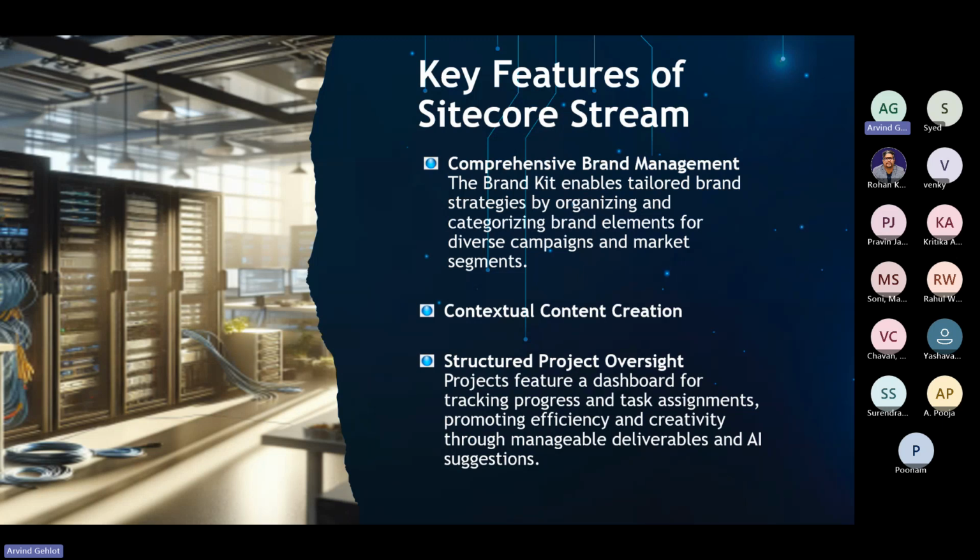And the third one is structured project oversight that I just discussed. That terminology changed while I prepared this presentation. The terminology was different, and now, as we are living in this AI world, terminologies change every day. Now, instead of calling it project inside Stream, it is called campaign.